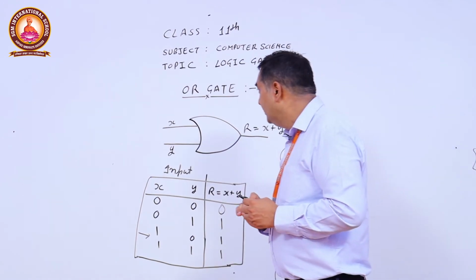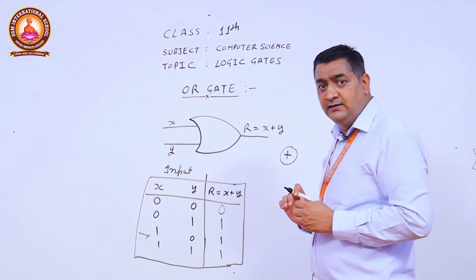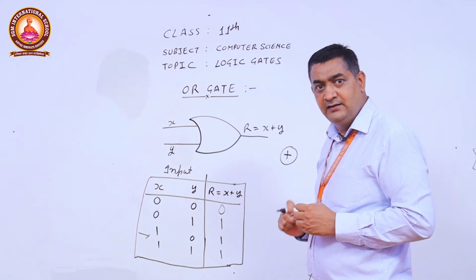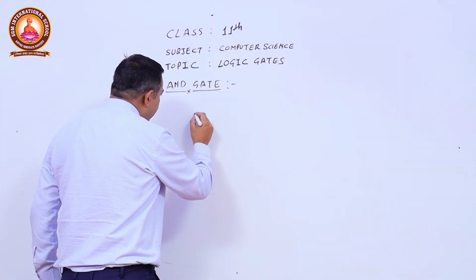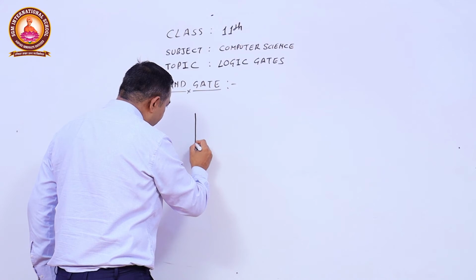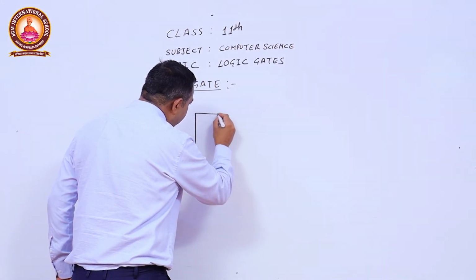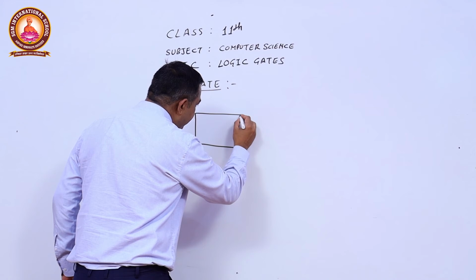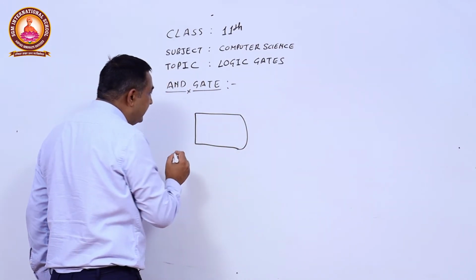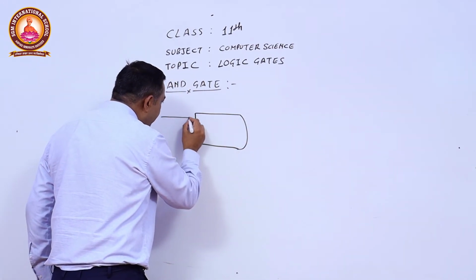Okay. Now next is the AND gate. Very first, look at the symbol of the AND gate. I am drawing the symbol of the AND gate. This is also known as a binary gate because these gates require a minimum of 2 inputs.